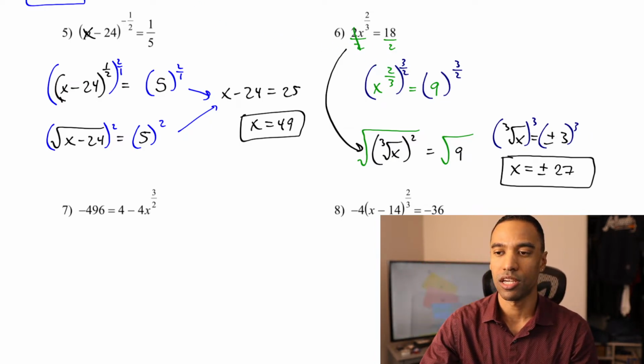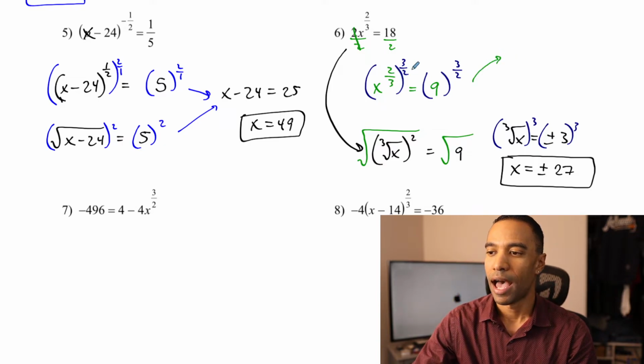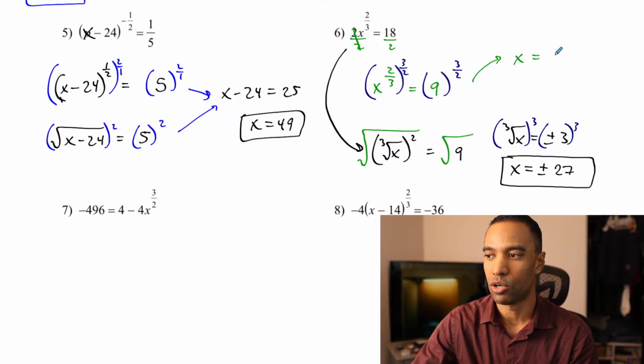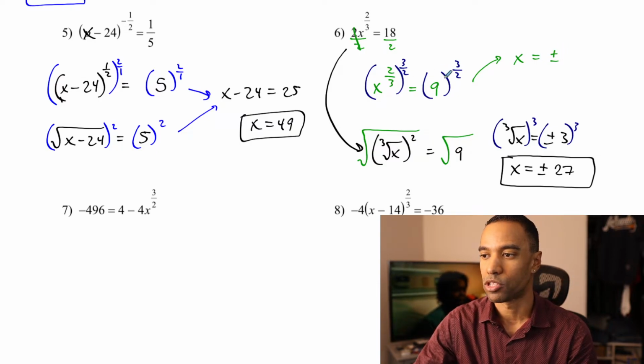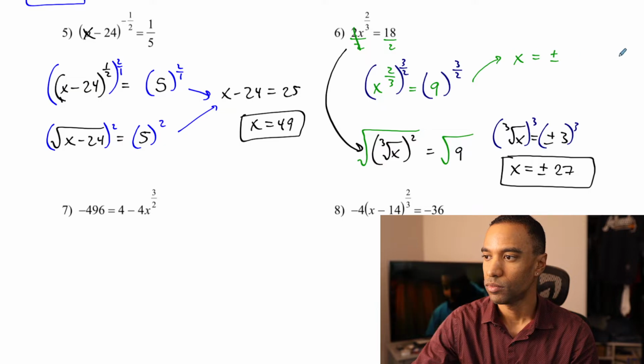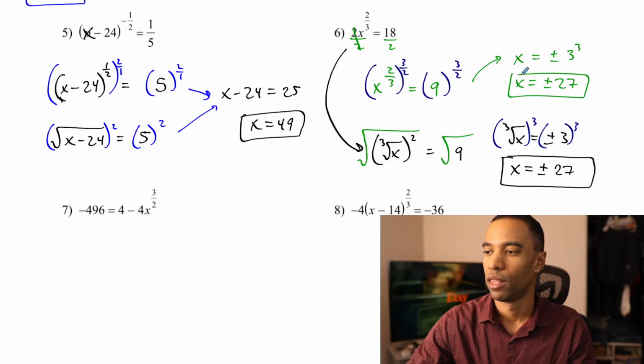And that's what happens here as well for this problem, where if I do that to the 3/2 power, x equals plus or minus 3 cubed, and x equals plus or minus 27 right there.